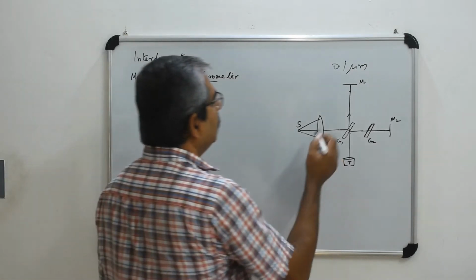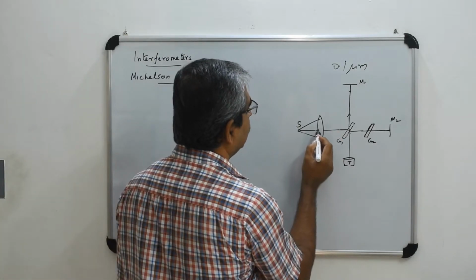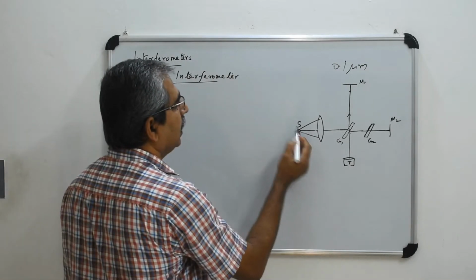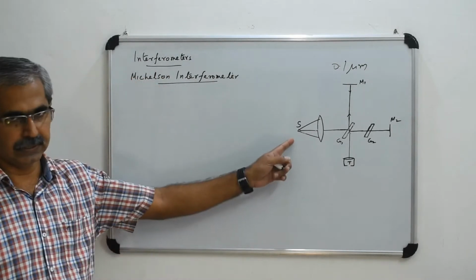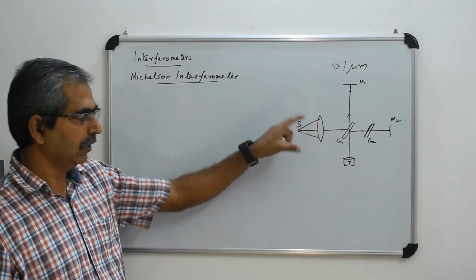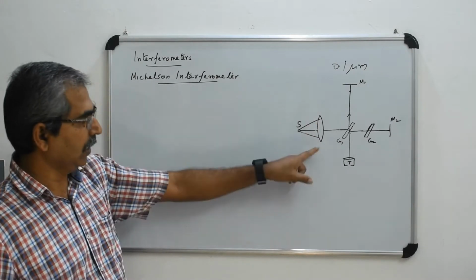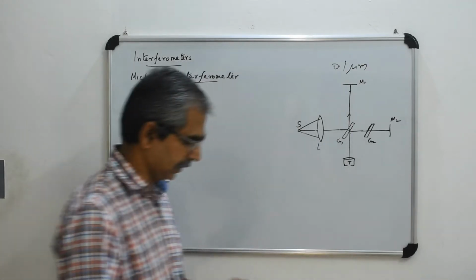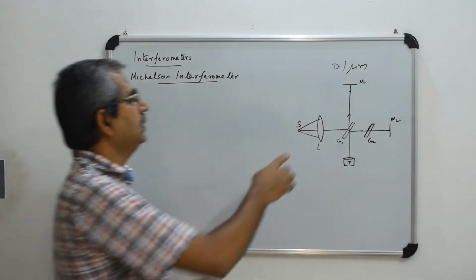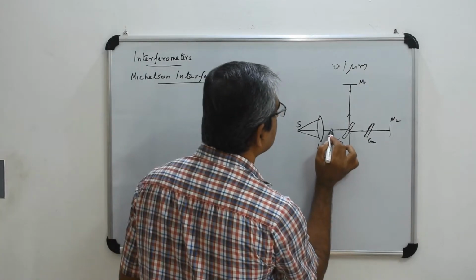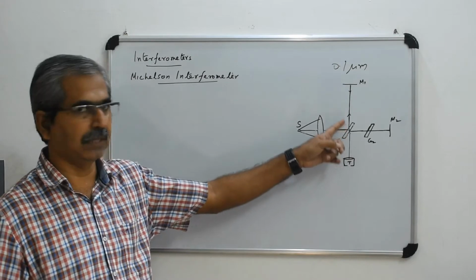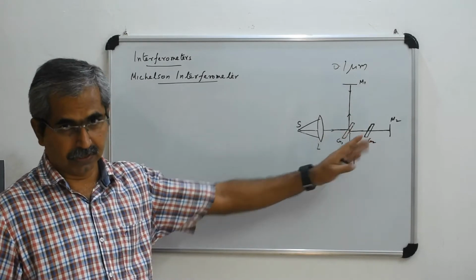Now we will see the operation, how it will work. The light from the source S is rendered parallel by a convex lens L. When this light reaches the plate G1, remember it is semi-silvered on the back surface.